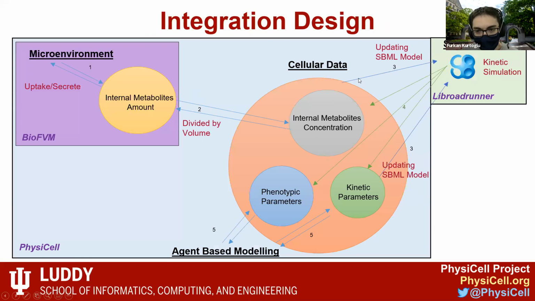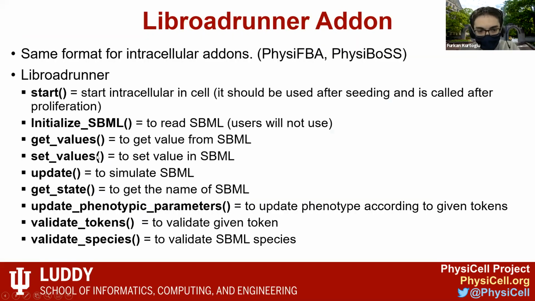So this part is setting SBML, while we are updating the cellular data, we are getting the data. The update part is just simulating SBML, and I will show how to use them. And get state is just getting the name of the SBML.